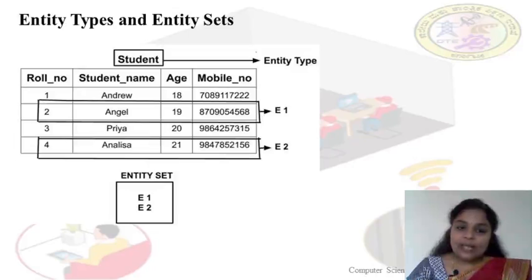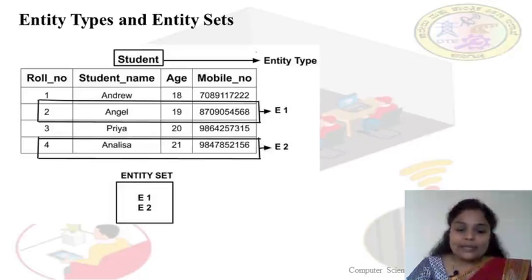See, I'm not saying Andrew is not a student or Priya is not a student. They are students, but I'm grouping depending on a particular condition. A situation may arise to group a few people. In that case, we create our entity set. So what is an entity set?